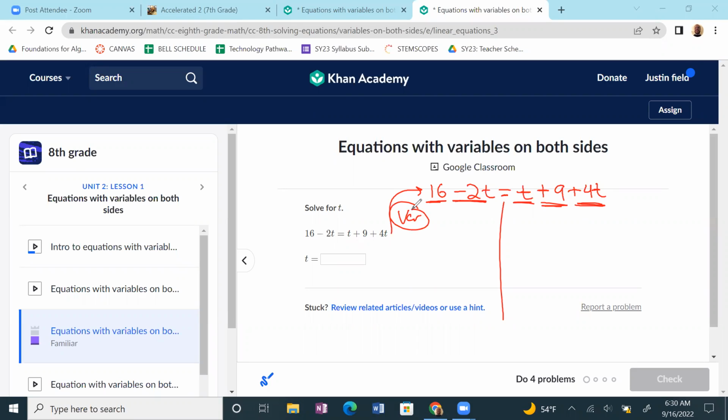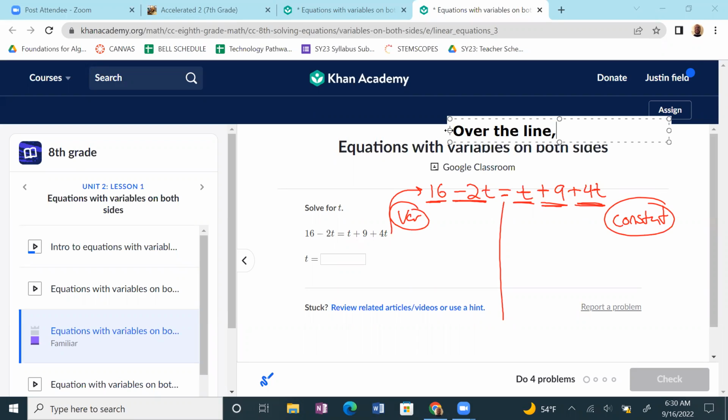And we want to put the constant terms, the ones without a variable, on that side. And the rule that you should write down in your notes is over the line, change the sign.